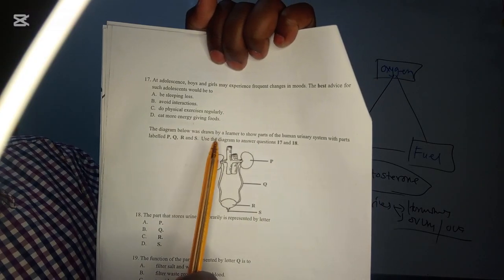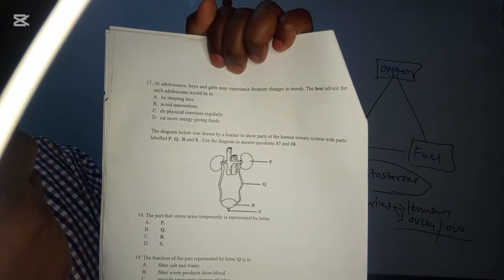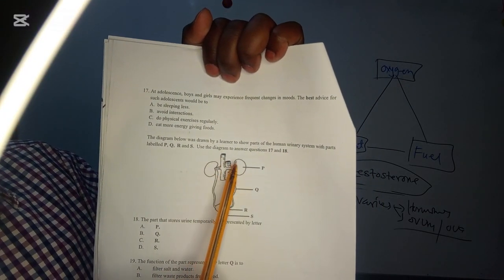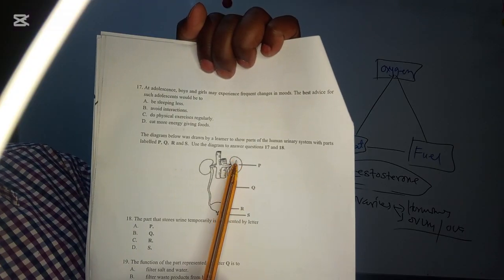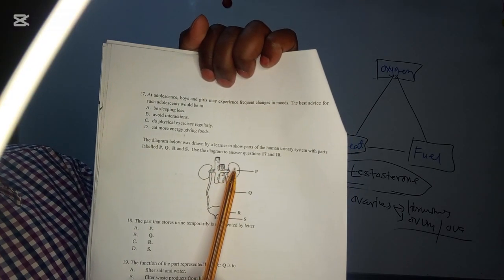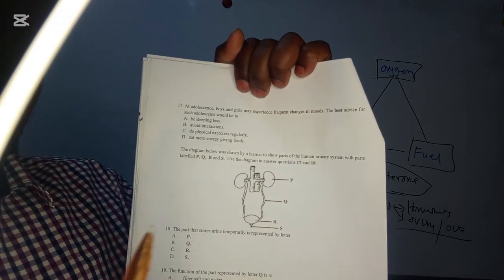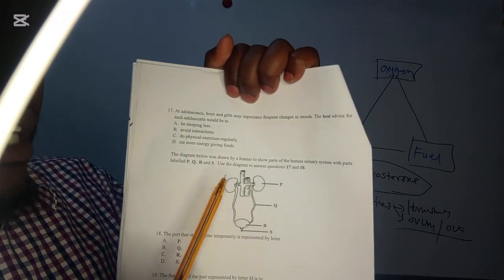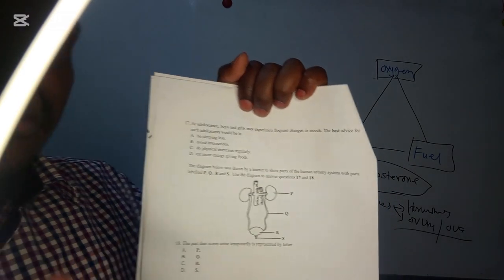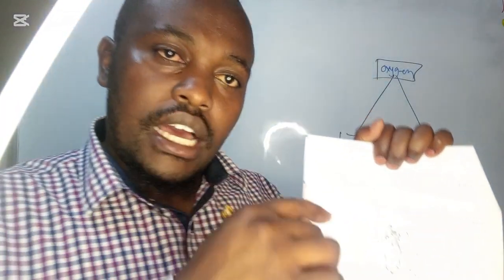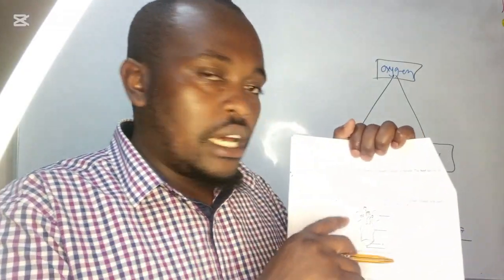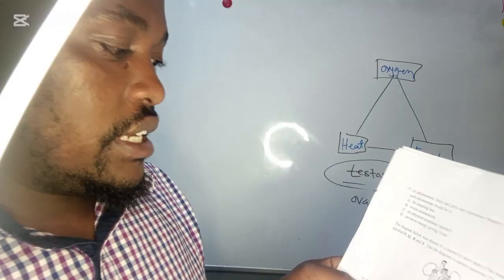We have the renal artery and the renal vein. You will know the difference: the renal artery brings blood to the kidneys, the renal vein takes it away. Remember, arteries take blood away from the heart, like the pulmonary artery and the rest.